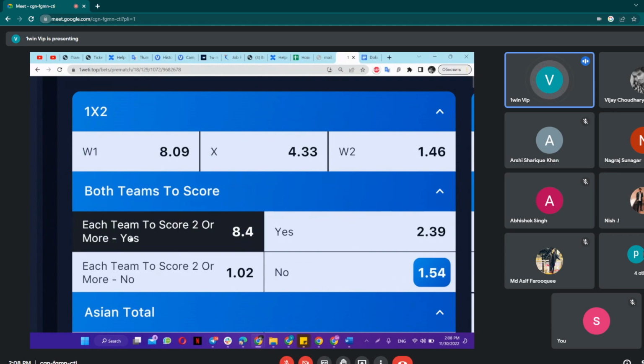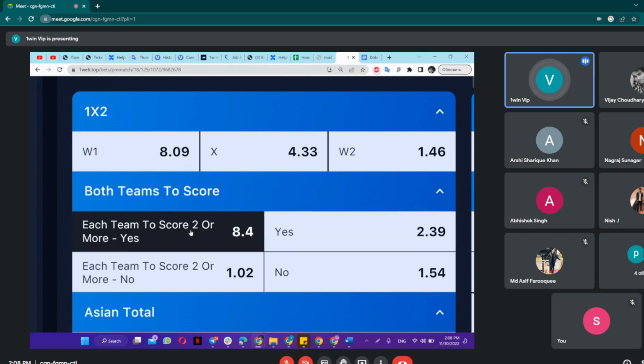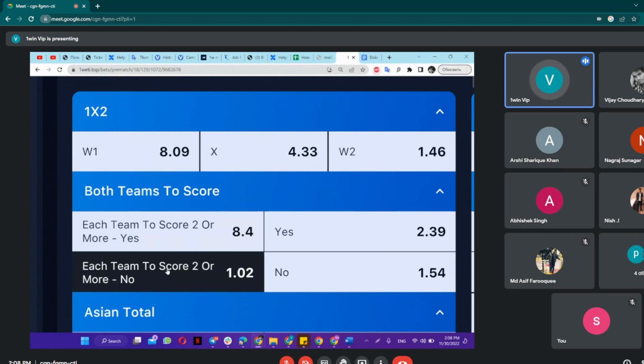Yeah, we have the same bet, but with clarification of the amount of goals. So the same way to understand, but we have some minimum or maximum amount for some of the outcomes.